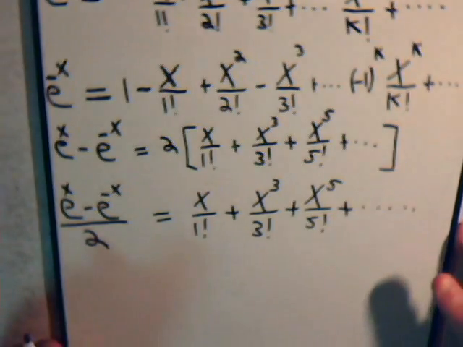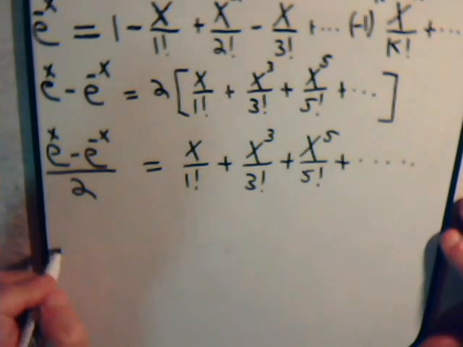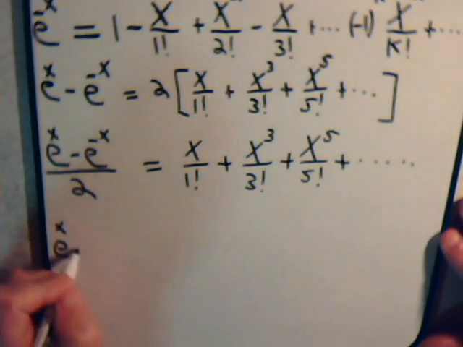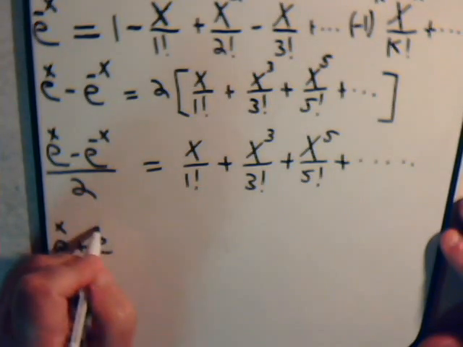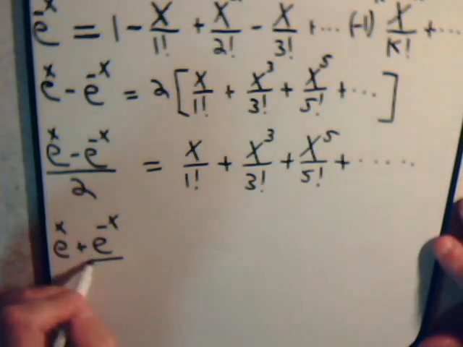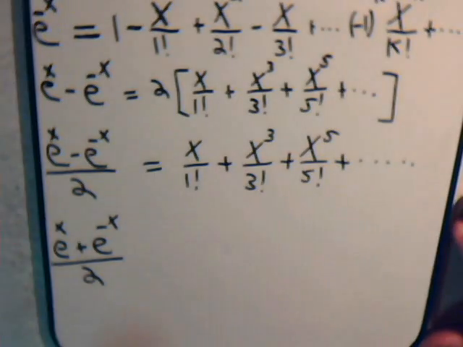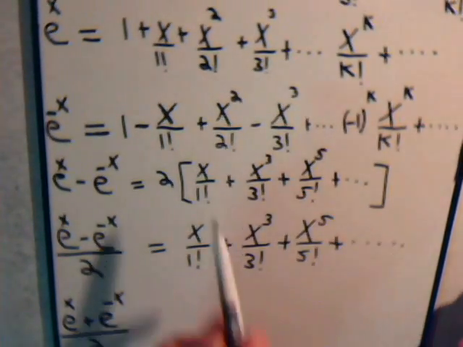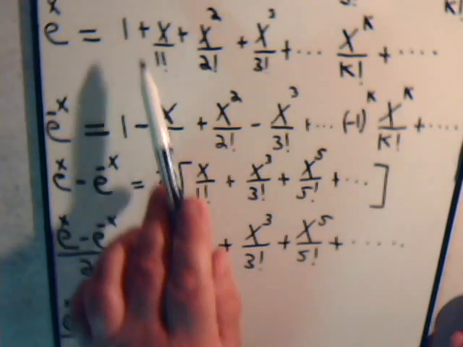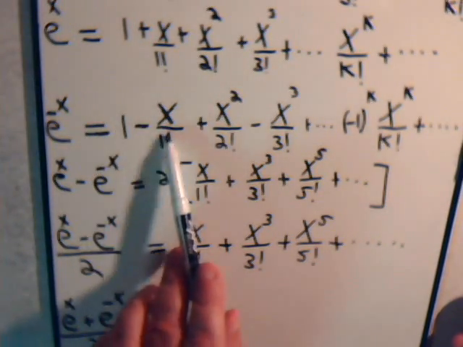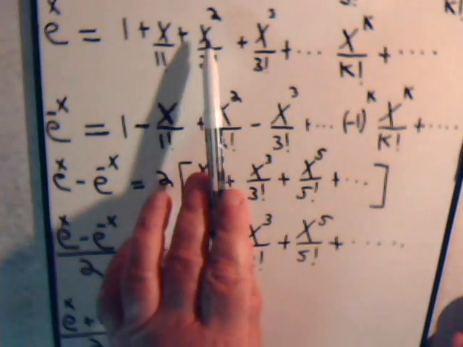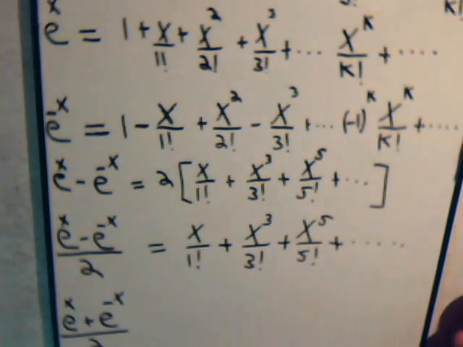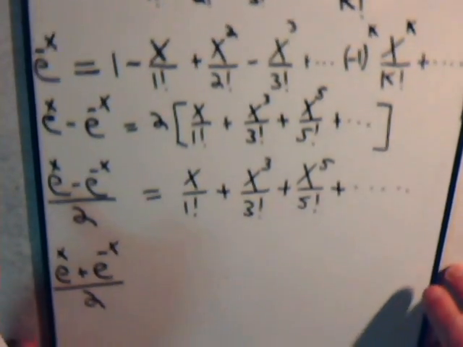Or if we had e to the x plus e to the minus x, divided by 2. Now what will happen is, if we add these together, and this adds up to 2, these cancel, and now all those with the even numbered powers end up being multiplied by 2.